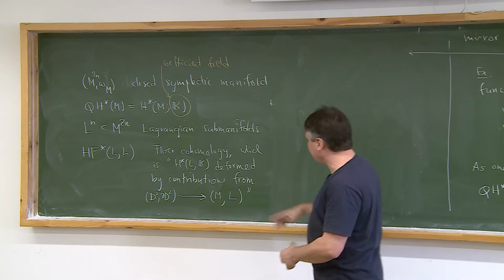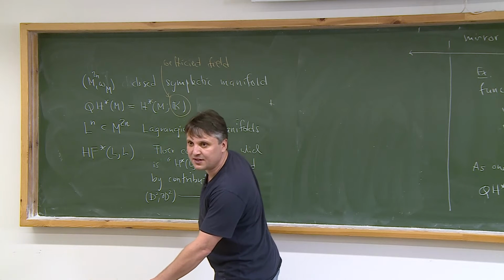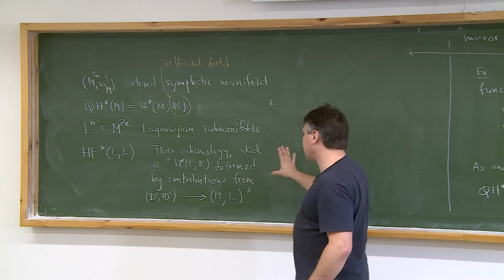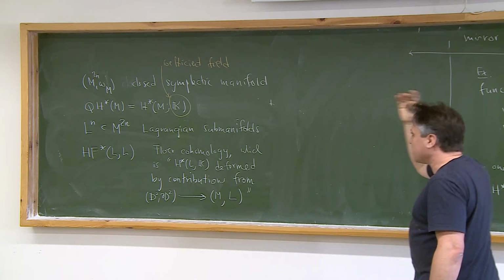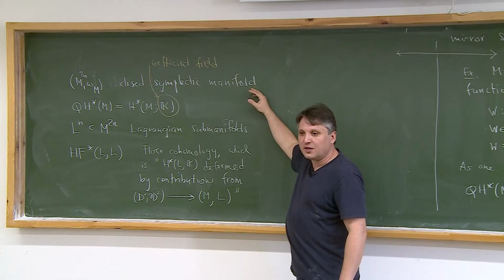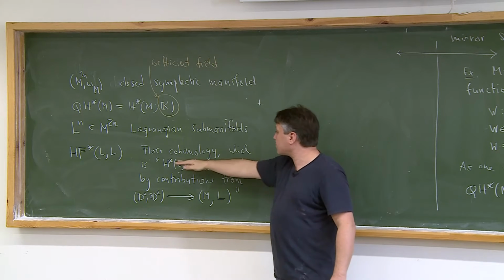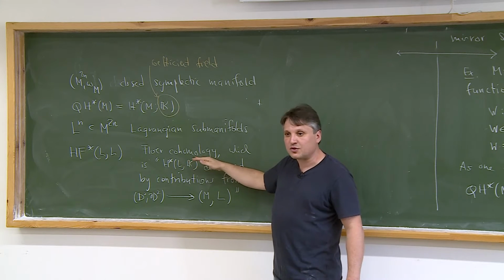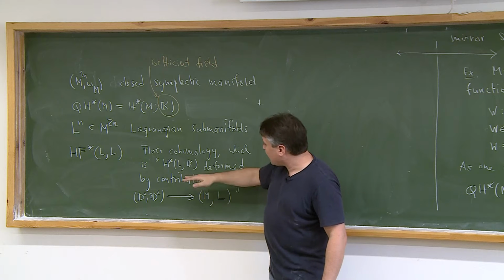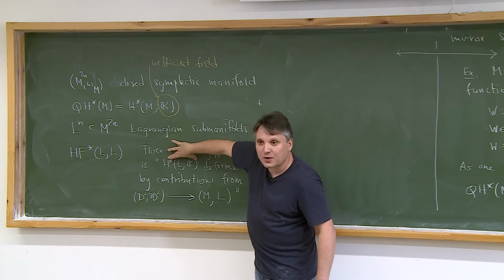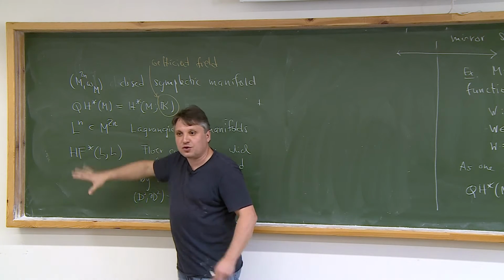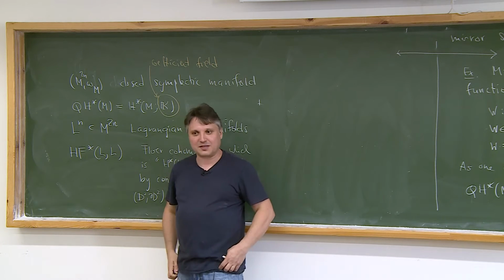So you'll notice that here I put quotation marks. This deformation is in a much more serious sense than in the case of quantum cohomology. It can also deform the structure as a vector space. So it's better to think of a spectral sequence starting from this one, which converges to that. And during that spectral sequence, the vector space can become smaller.